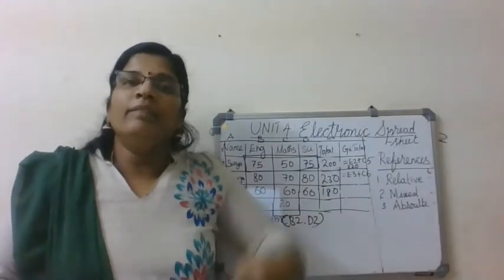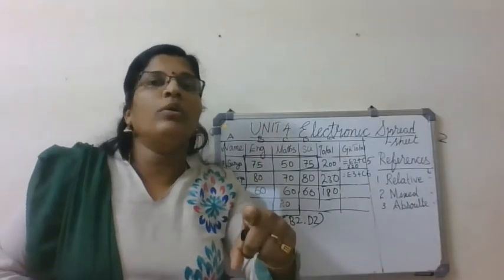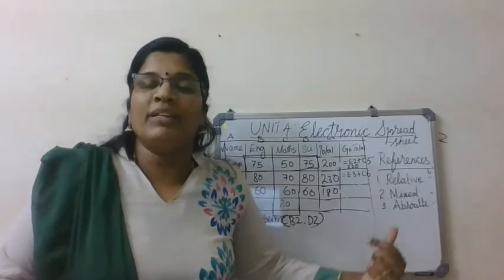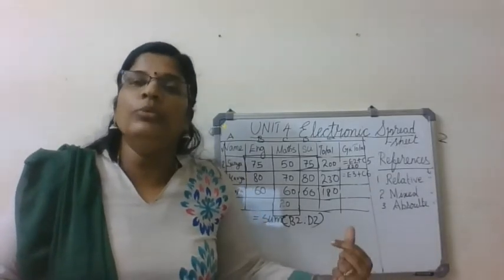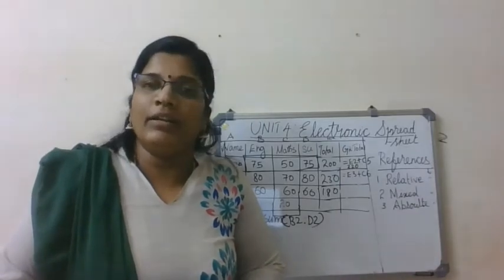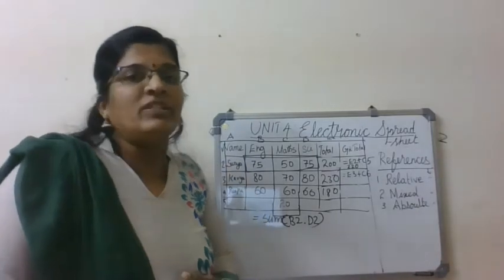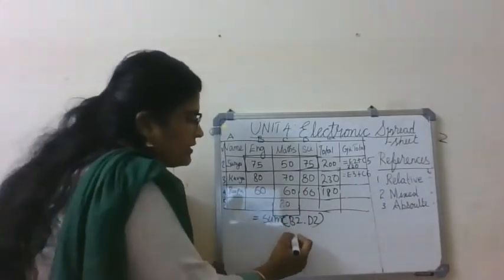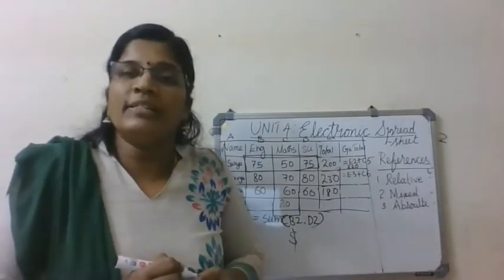I'm entering vertically, I'm not entering horizontally. So when you do a vertical entry for a mixed reference, you have to keep the row number as a mixed reference. Okay, so how to specify that? In order to specify that, you have to use the dollar symbol.